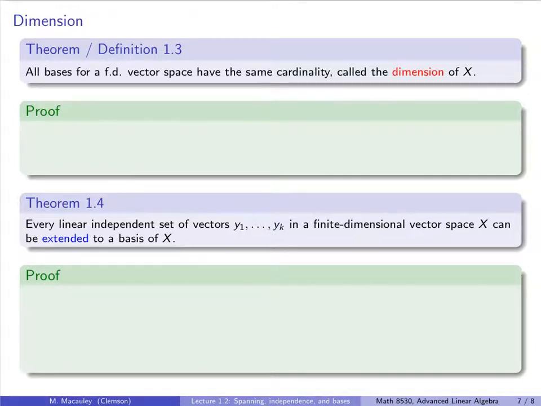So let's write that down. We're saying that if the span of y1 up to yk is not equal to X, then find yk plus 1 that is not in the span, and include it.